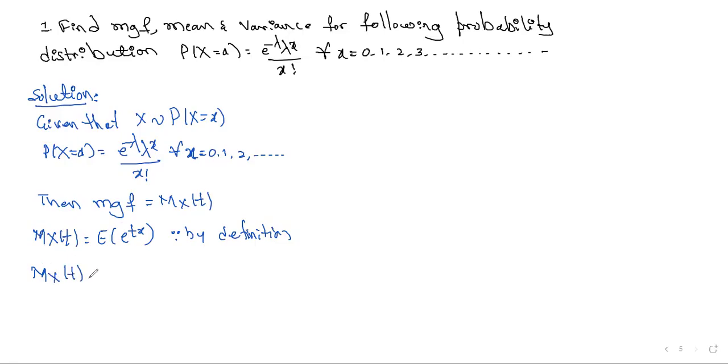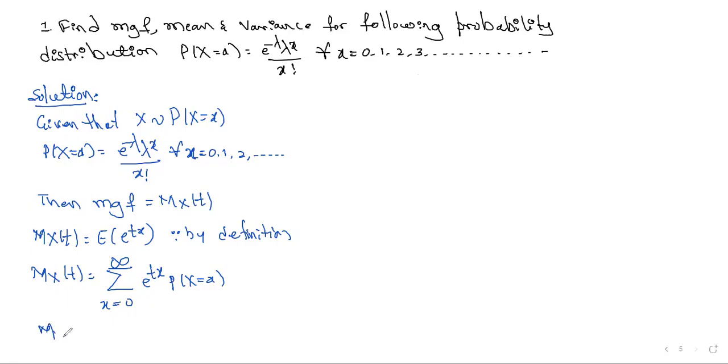Then Mx of t is nothing but a summation, because the x values are discrete. The summation starts from 0 and goes to infinity, of e power tx into p of x.